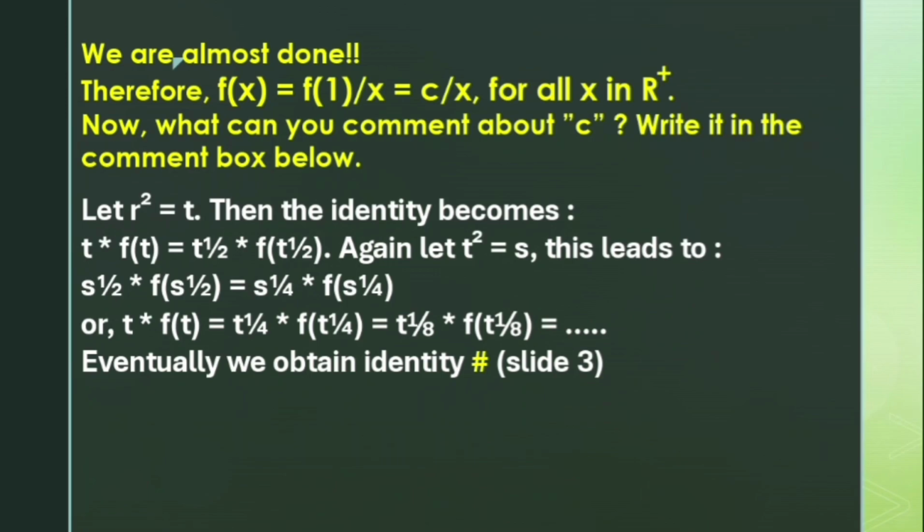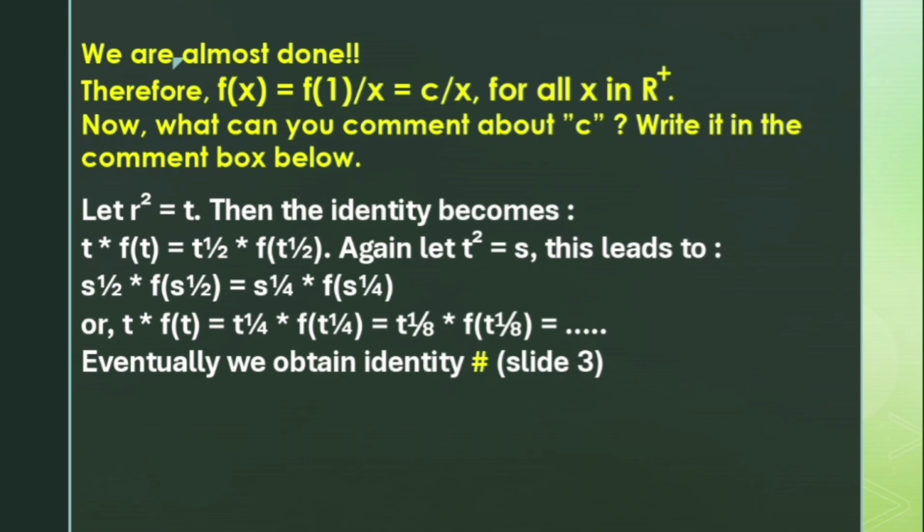So that gives s to the half times f(s to the half) equals s to the 1/4 times f(s to the 1/4). Again, we can replace s with t. So same thing. So eventually we get t times f(t) equals t to the power 1/4 times f(t to the power 1/4). Again, we'll repeat those steps, and we'll get t to the power 1/8 times f(t to the power 1/8).